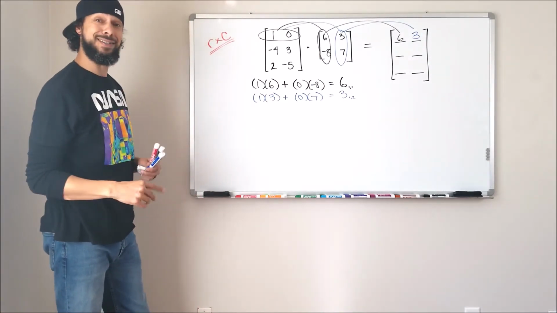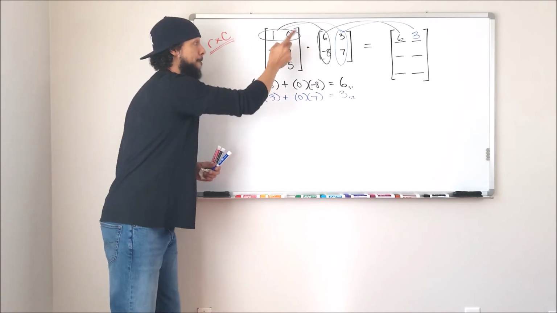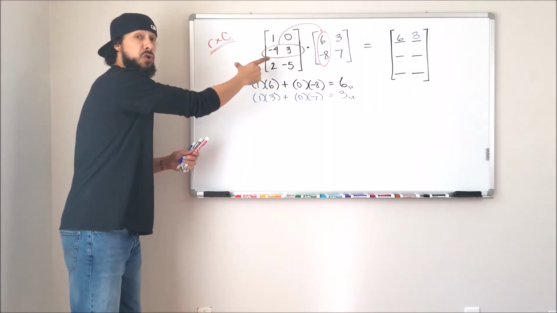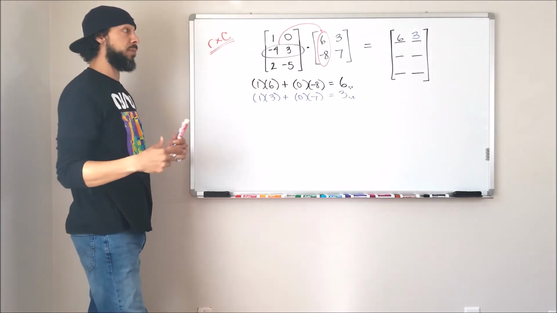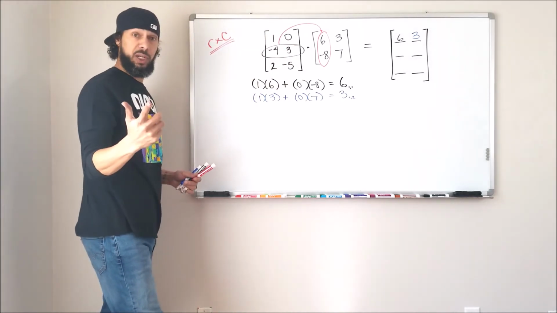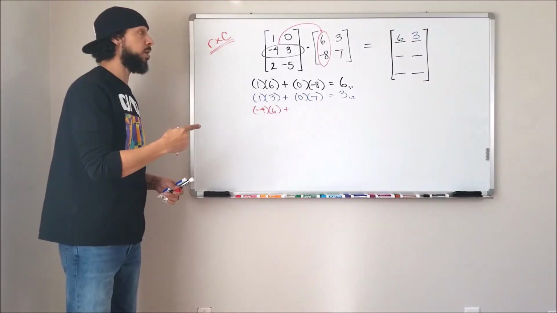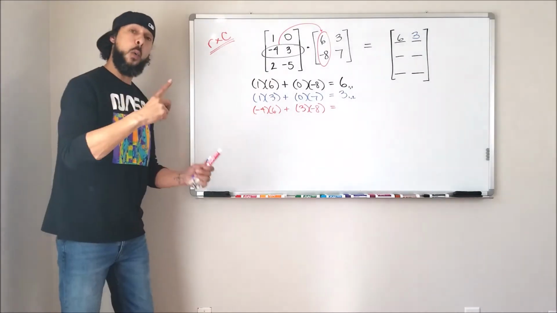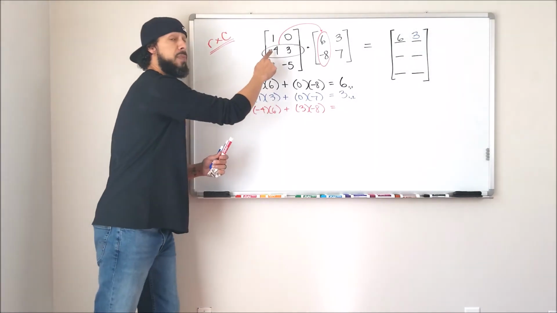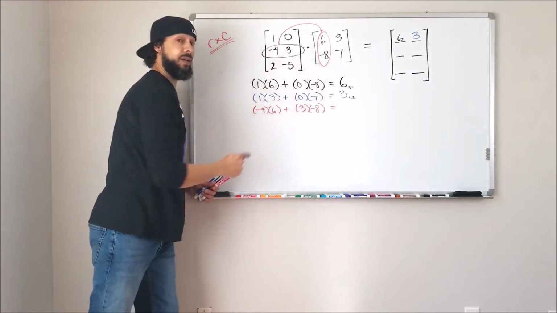Now, I'm done with the first row, so now I'm on the second row. I'm going to multiply the second row times the first column. Just like we were doing before, negative 4 times 6, plus 3 times negative 8. So one number at a time, first number times first number, plus second number times second number.